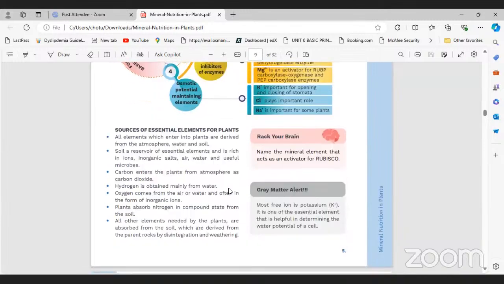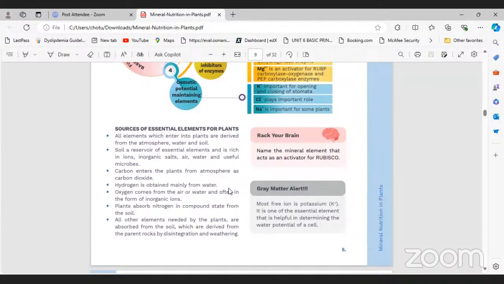Source of essential elements: all elements which enter into plants are derived from the atmosphere, water, and soil. Soil is a reservoir of essential elements and is rich in ions, inorganic salts, air, water, and useful microbes.